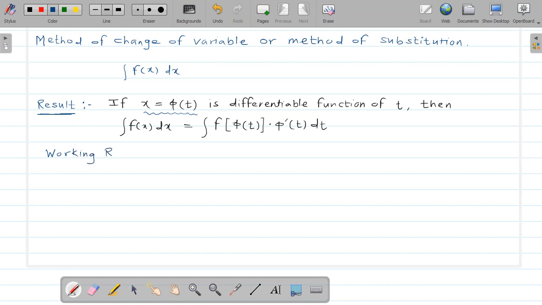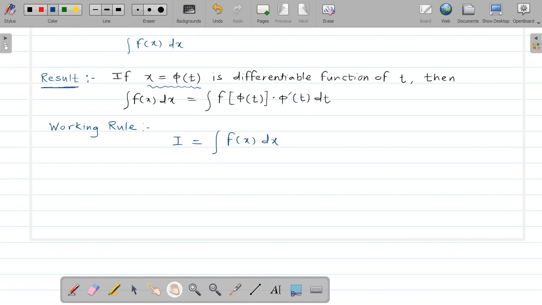So what is the working rule? If I want to evaluate the integration I is equal to integration f of x dx, but I want to convert this given function to the standard form, what will you do? I will put x is equal to phi of t here.